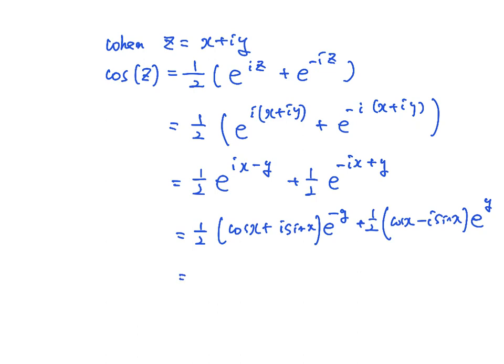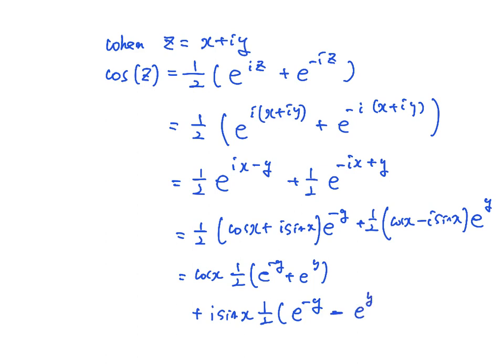So let's put cosine x together. Then 1/2 we have exponential minus y plus exponential y. On the other hand, if we put i sine x together, we have exponential minus y minus exponential y.